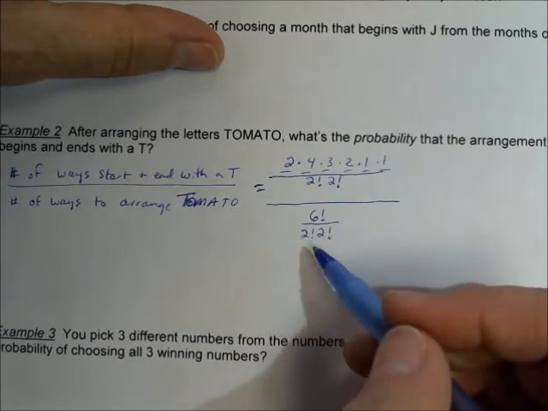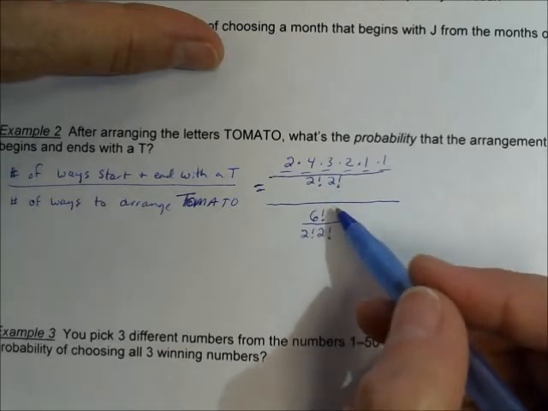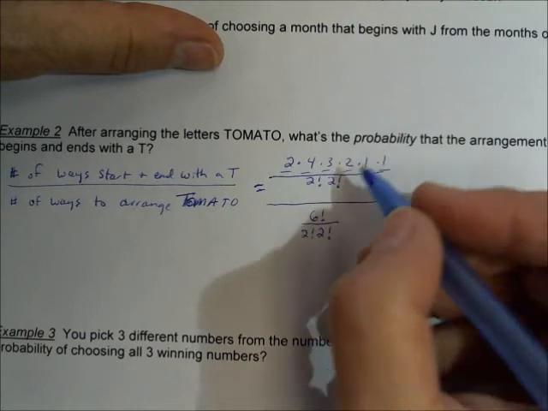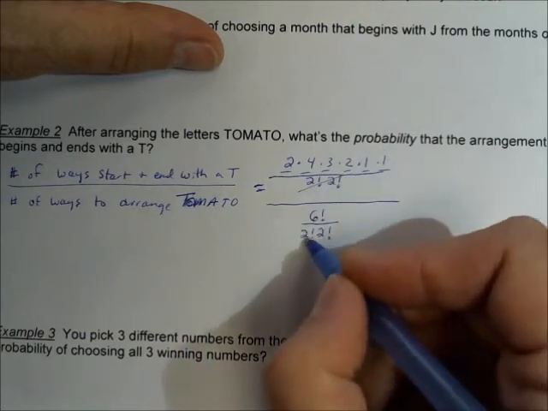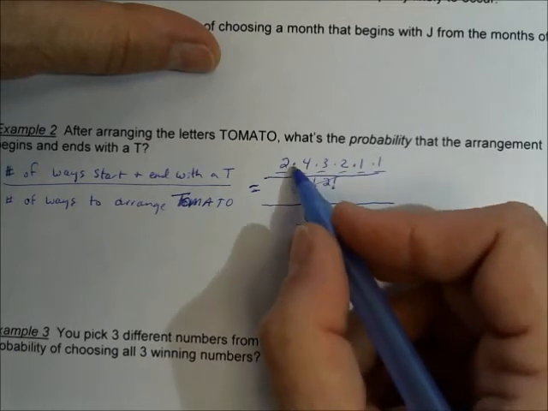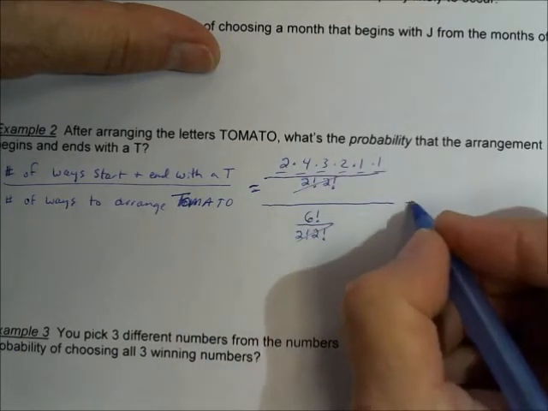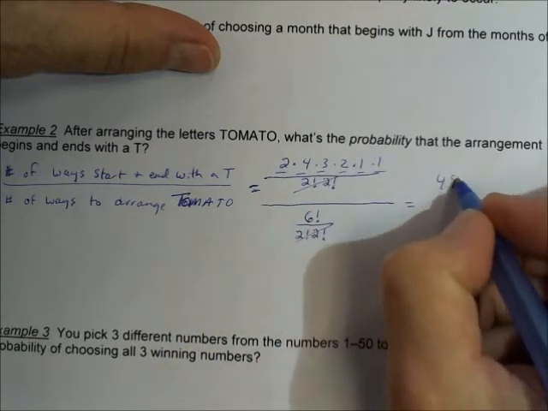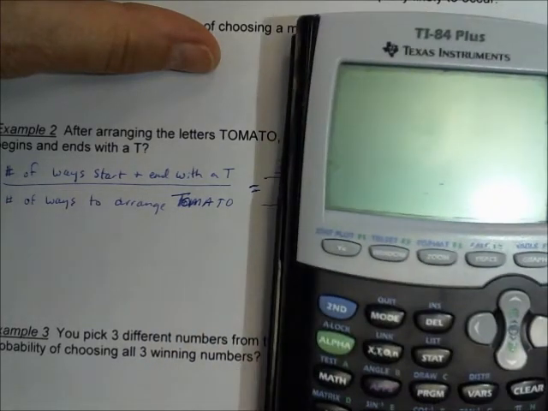Well, this is really a complex fraction, and if you want to consider it like this, the denominator, the LCD is 2 factorial, 2 factorial, we can really just cancel these out as part of the complex fraction reduction. So what we're left with is 2 times 4 times 3 times 2 times 1, which is 2 times 4 is 8, 6 times 8 is 48, and divided by 6 factorial.